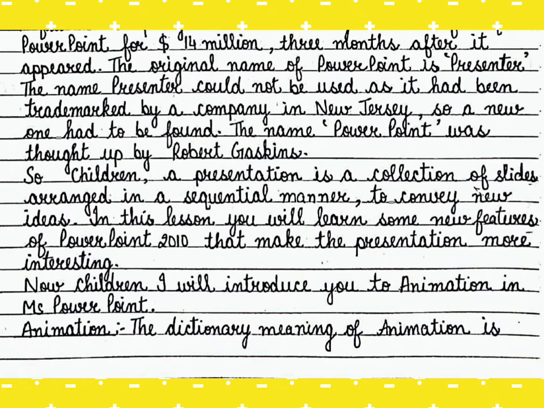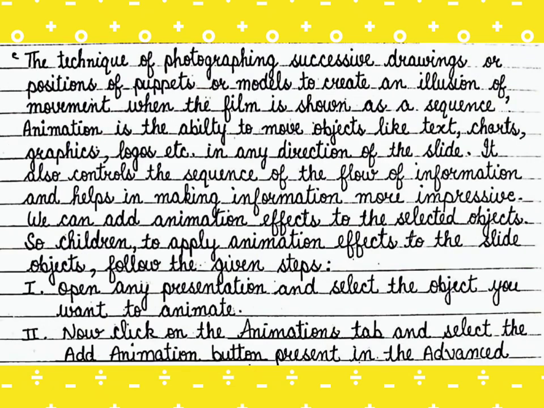Animation. The dictionary meaning of animation is the technique of photographing successive drawings or positions of puppets or models to create an illusion of movement when the film is shown as a sequence.